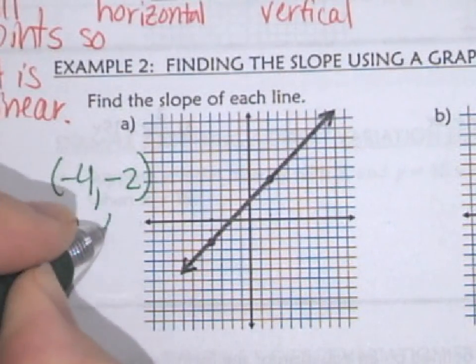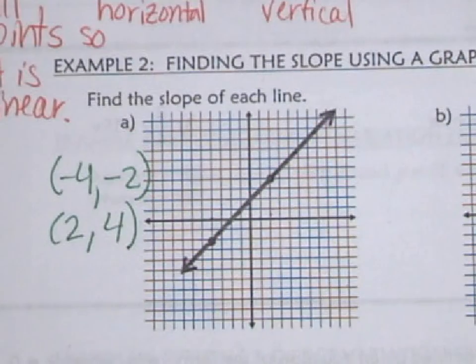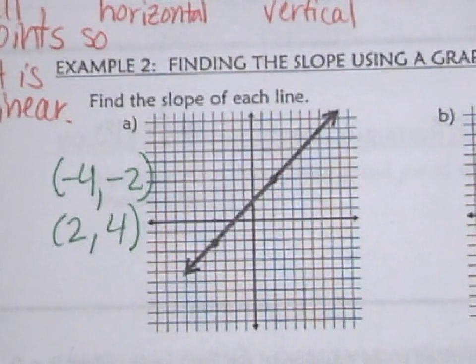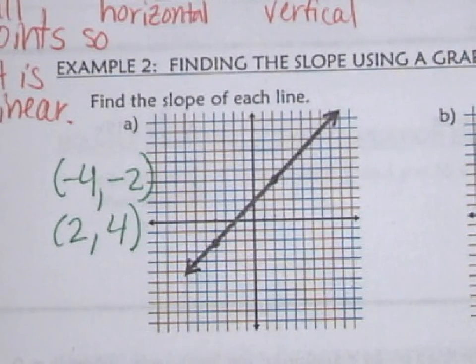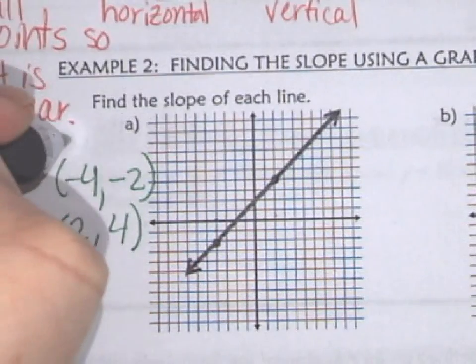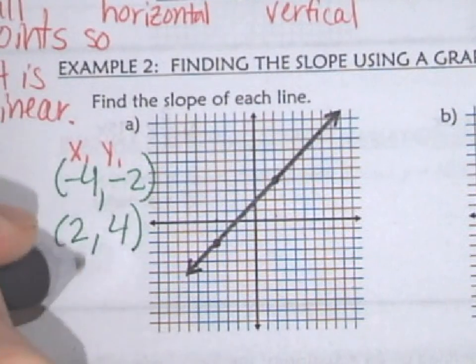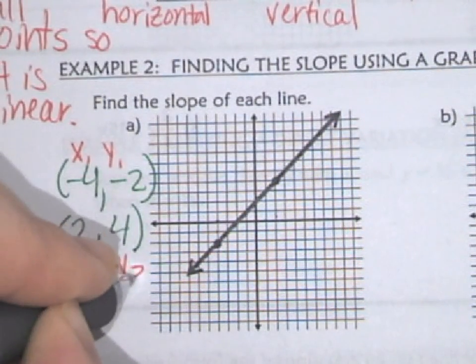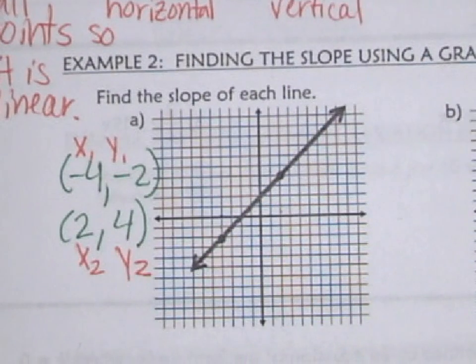When I'm going to use the points to make my slope equation, I like to label them. So I have x1, y1, x2, y2. Now I can use the equation that we had on the previous page.